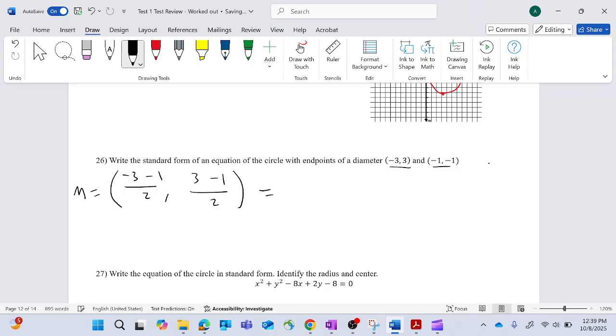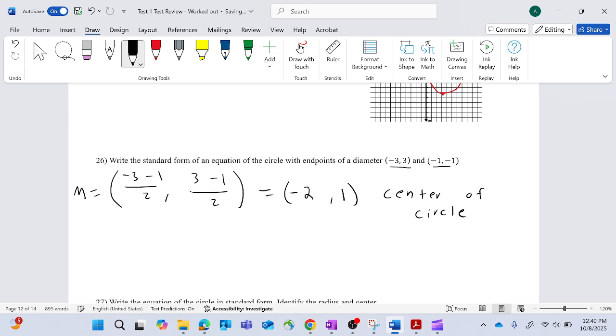So when you do this, -3 minus 1 is -4, divided by 2 is -2. 3 minus 1 is 2, divided by 2 is just 1. So that right there is my center of the circle. The center of your circle is the middle of the diameter, right? Because the diameter runs straight through the center of the circle.